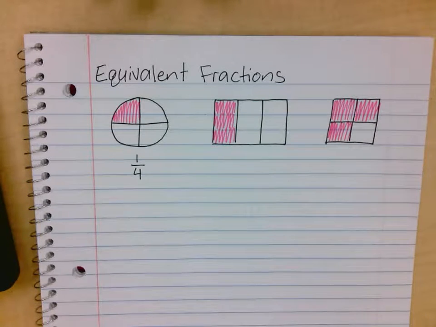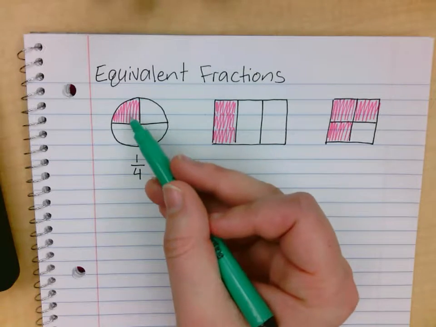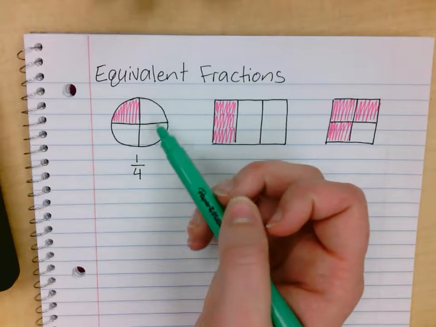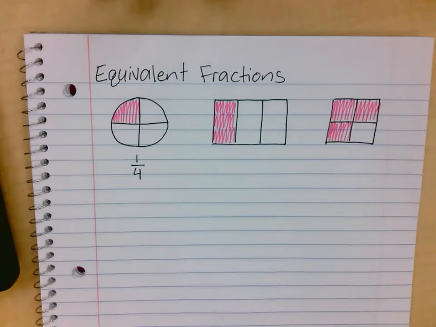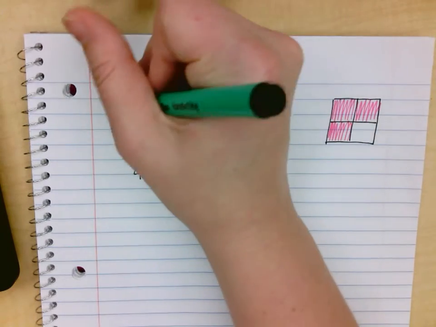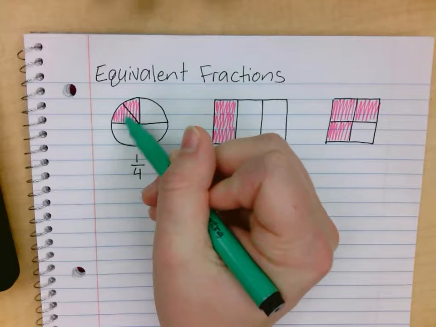So I'm going to take my fraction picture and I'm going to divide each piece into smaller pieces. And whatever I do to one piece, I have to do to every piece because we're trying to make it equal. So in this case, I'm going to take my 1/4 and I'm going to divide a piece in half. So now my one piece is 2 pieces.